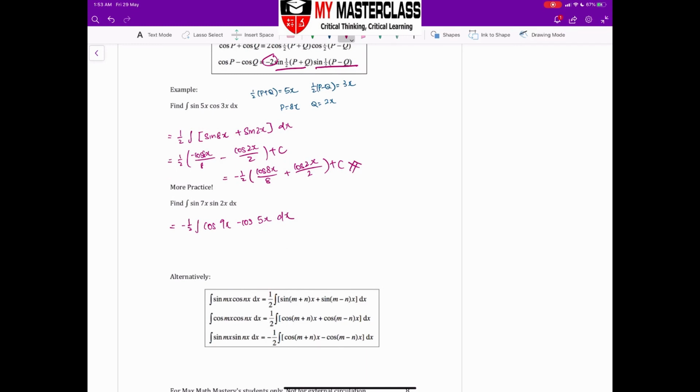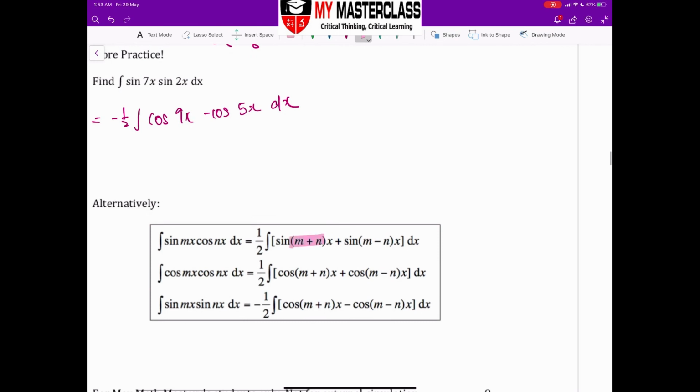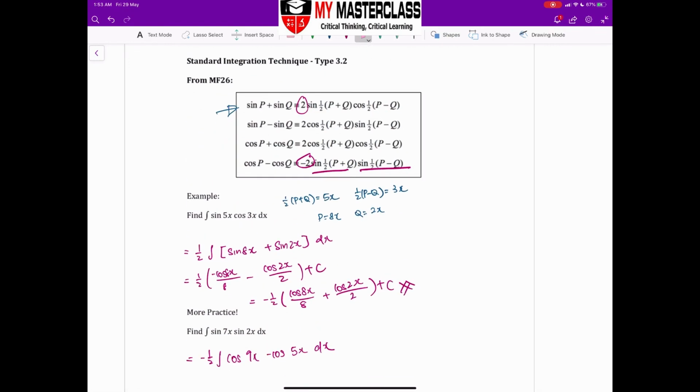You can either memorize this formula, or alternatively what I always do is just memorize that the first one is always m plus n, and the next one will always be minus. Whether it's sine and cosine, sine and sine, or cosine and cosine, we look at the MF26 formula, then we derive accordingly.